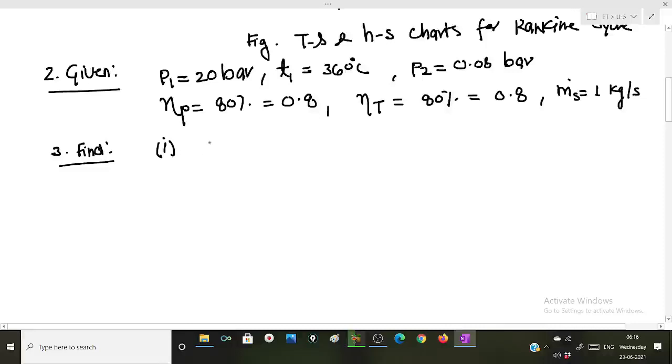So the first thing we are supposed to calculate is net work output and cycle efficiency. In case 2, I am supposed to calculate the net work output for the actual cycle and the cycle efficiency for the actual cycle.